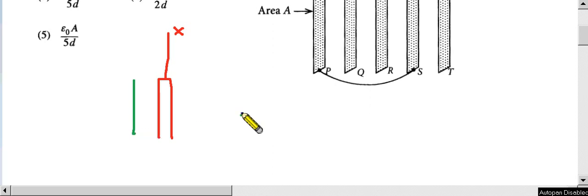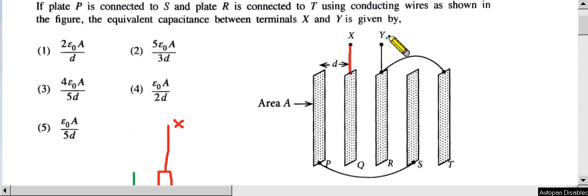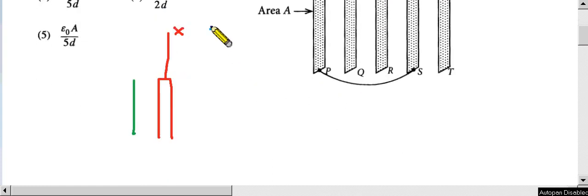Then we can draw this Y terminal. Suppose it is connected to the negative of the battery, then it also has 2 other plates at both sides. Therefore we have to draw the left and right surfaces of that plate like this.